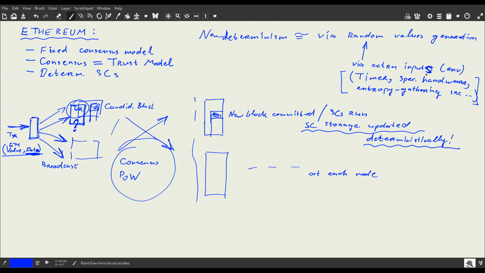And obviously with the Ethereum virtual machine, your code is the bytecode of the virtual machine. You are not able to execute arbitrary code on Ethereum. The Ethereum virtual machine does not provide you with that. So the Ethereum virtual machine does not allow non-determinism.